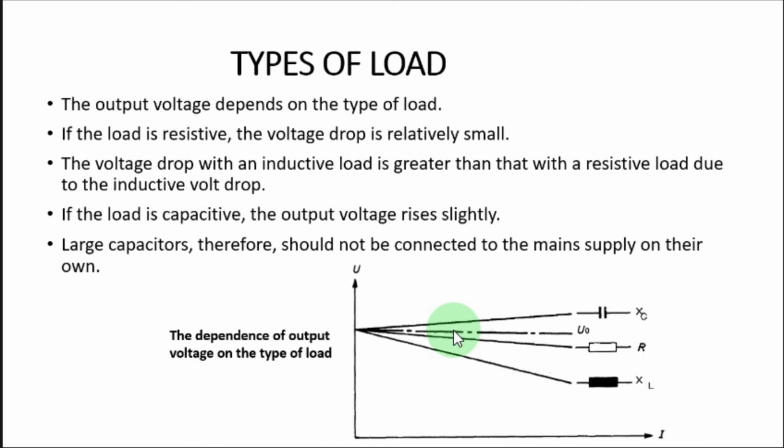The other two parameters that you can get out of these two tests are voltage regulation and transformer efficiency. So voltage regulation is basically the quality of the transformer.